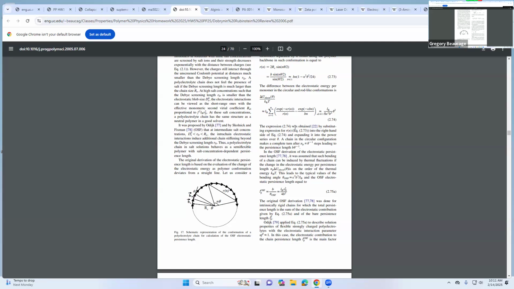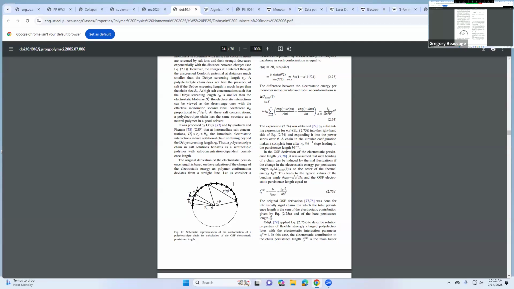So if you pull them together, r gets smaller, the interaction gets larger, right? So you get a change in energy by bending it, and the charges resist that bending. Bending is caused by thermal fluctuations, kT, and it's resisted by the charges getting closer when it's bent. So it wants to spring back because the charges are there. That's the OSF model, as far as I understand it.